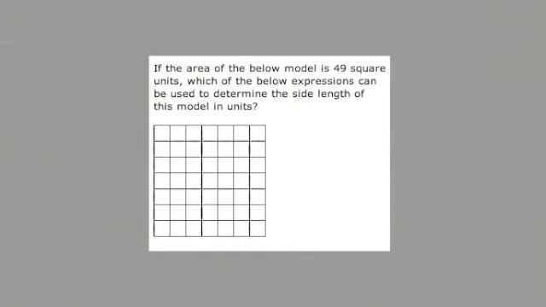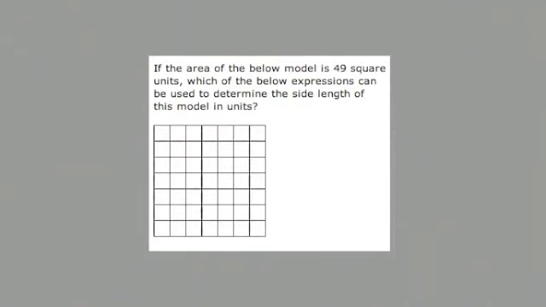Let's look at another example. If the area of the below model is 49 square units, which of the below expressions can be used to determine the side length of this model in units? Well, I took out the multiple choice answers so you can't see the expressions below. But we can talk about how to create our own.